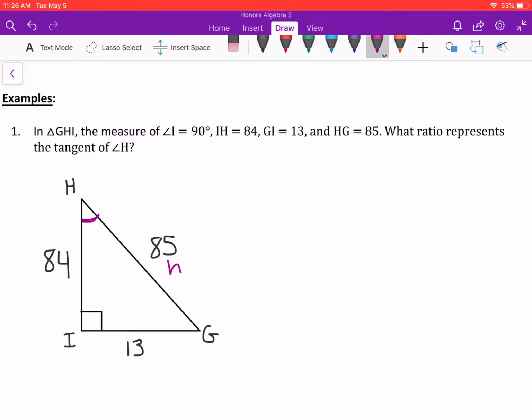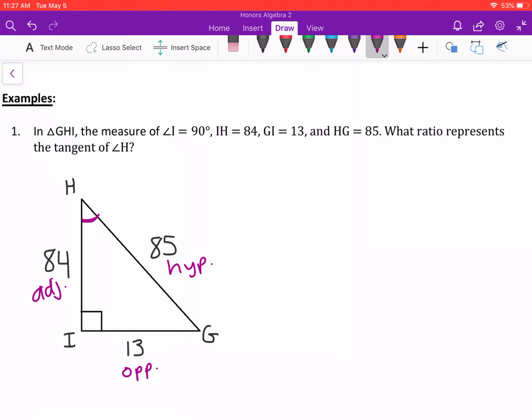So that's 85, because it's across from the right angle I. Because we're looking at angle H for this problem, opposite is the line that's right across from angle H, so that's going to be down here. 13 is our opposite, and that means that 84, the one that we have left, is our adjacent.